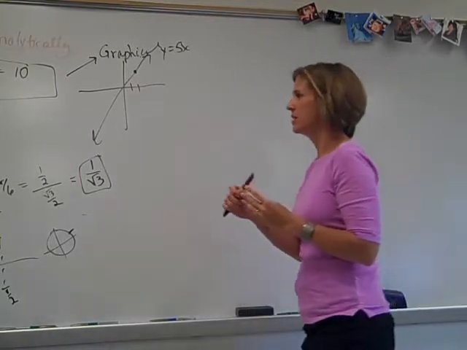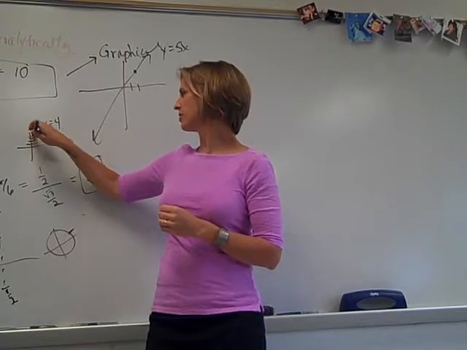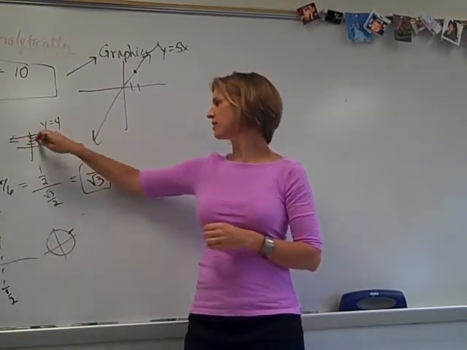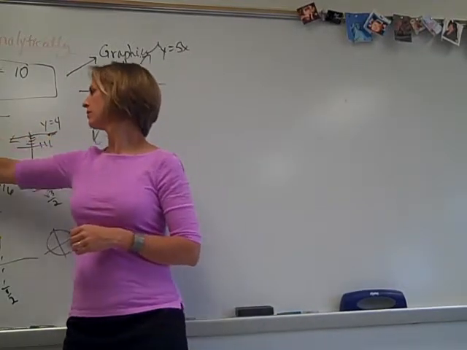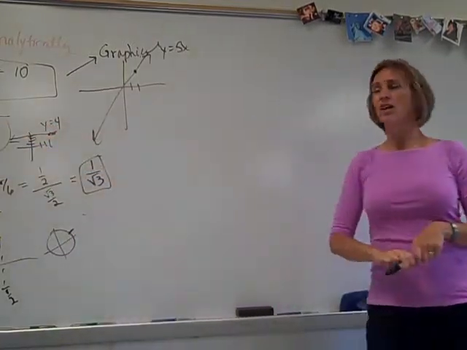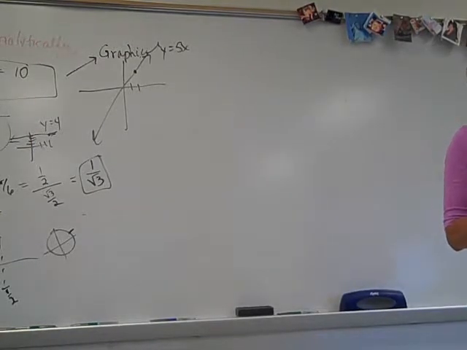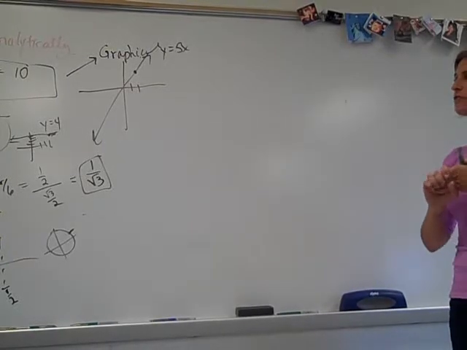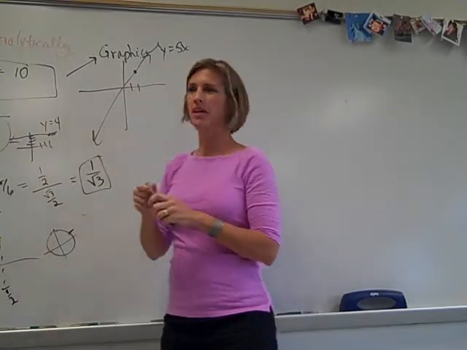The answer is 4, because if the graph is y equals 4, that's just up here. So what's the limit at 3? It's just right there. So pretty easy, right? Until we make it harder. If you know that this graph is simple, then just plug it in.